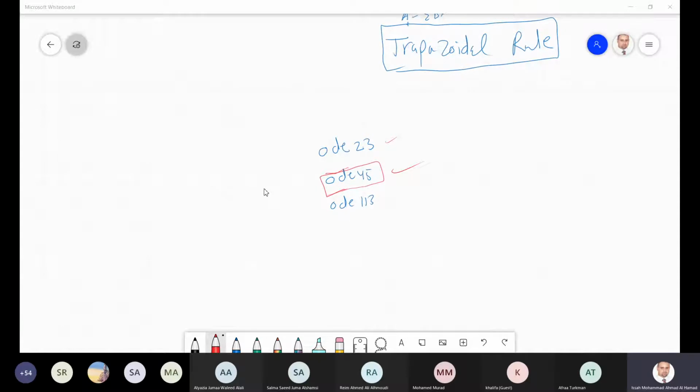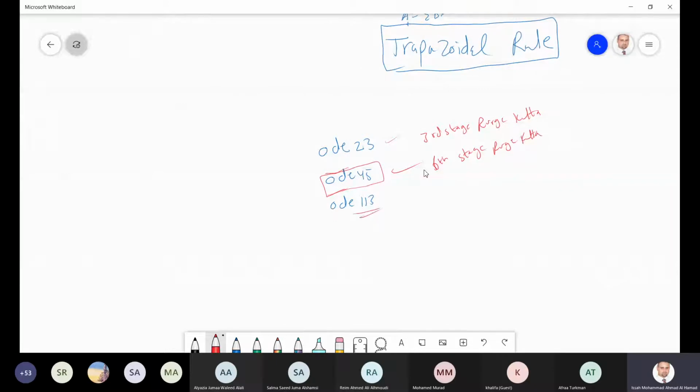ODE23 is the third stage Runge-Kutta method. So this is the third stage. ODE45 is the fifth, I think it is the fifth stage Runge-Kutta method.